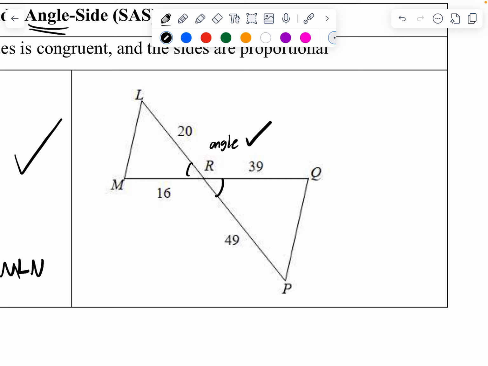All right, so next we look at that and say, okay, proportional sides, 49 over 20, 39 over 16. Are those the same number? No, they are not, right? 49 and 20 doesn't simplify. 39 is not going to simplify with 16, meaning those are not equivalent fractions. Sad day, right? Not similar. Move on.